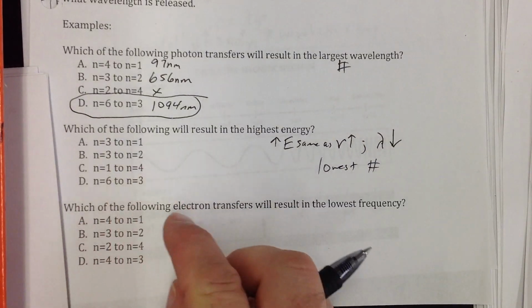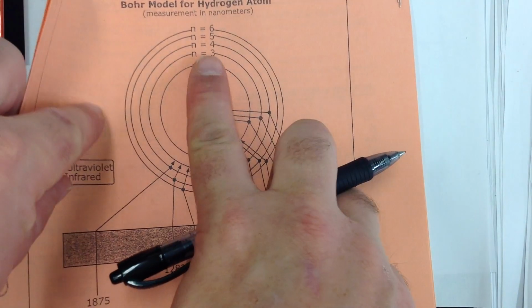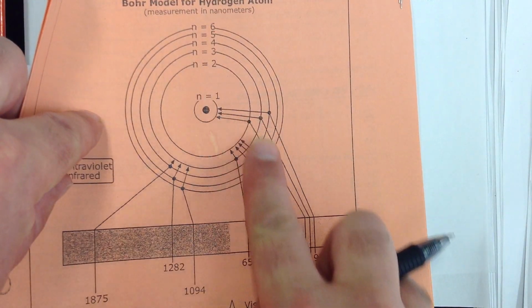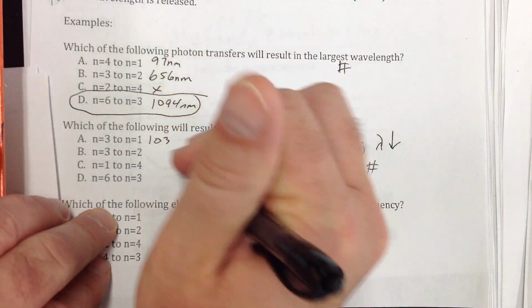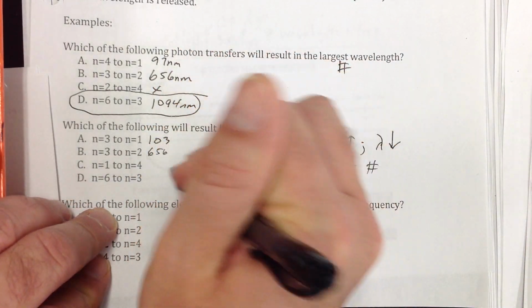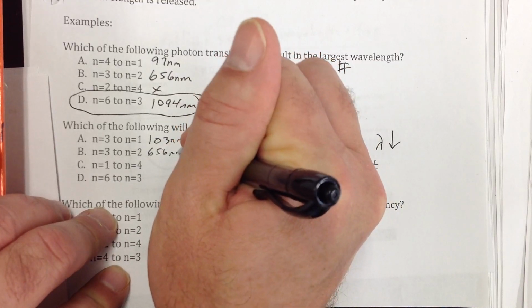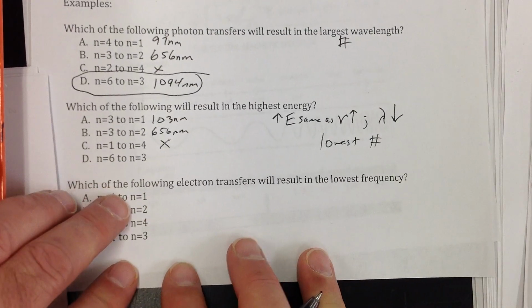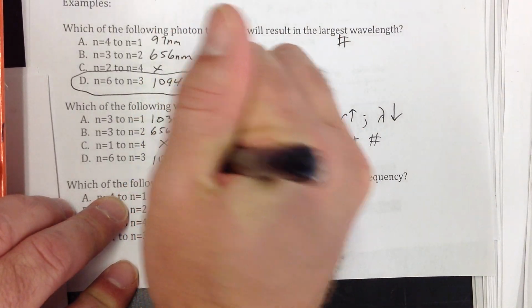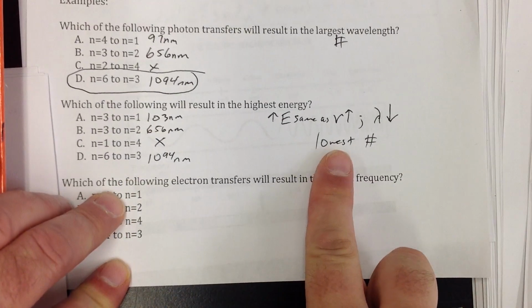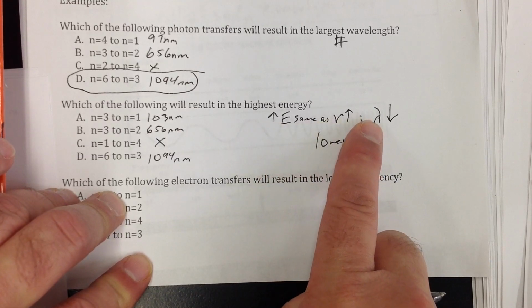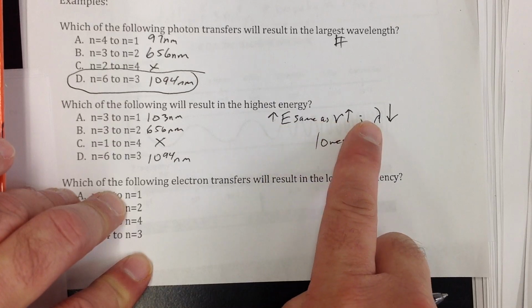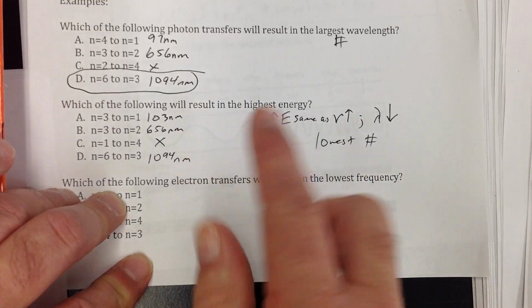So let's see. 3 to 1 is 103. 3 to 2 we've already done, and of course these are in nanometers. 1 to 4, bad choice. And 6 to 3 is 1094. Now, unlike the last one, we're looking for the lowest number. Highest energy, lowest wavelength. So the lowest number here is A.